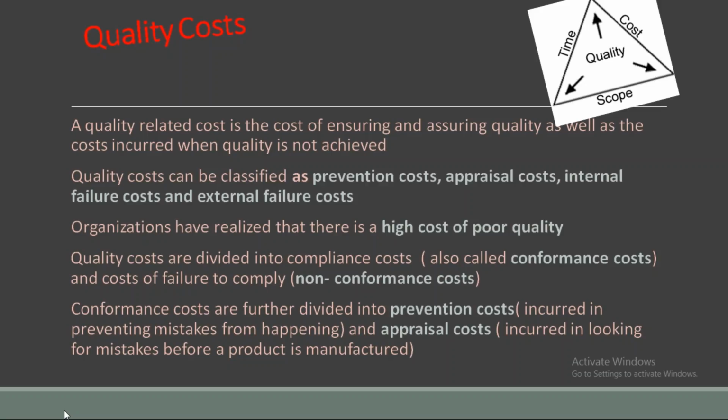Now that can be a very, very costly affair, and that's what we call internal failure cost. That arises because we have not conformed to the quality, and therefore it is considered a non-conformance quality cost. Because we did not conform, we had to spend that kind of money.